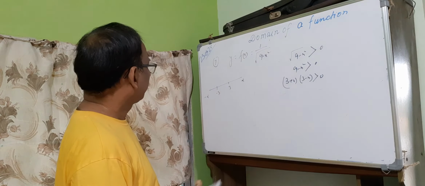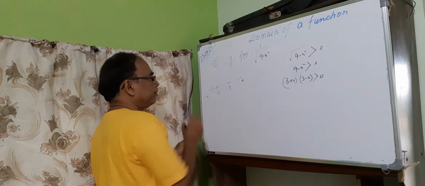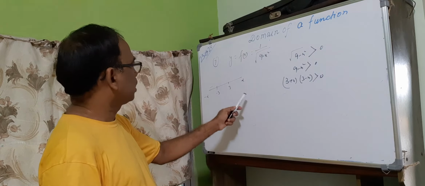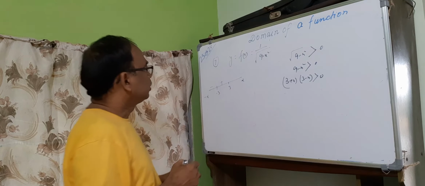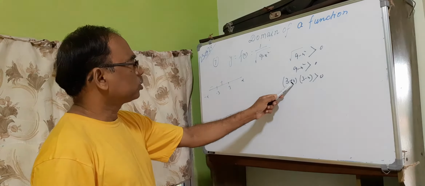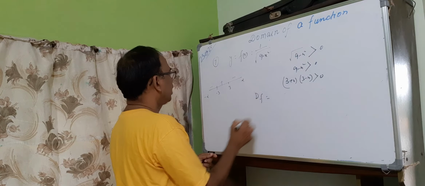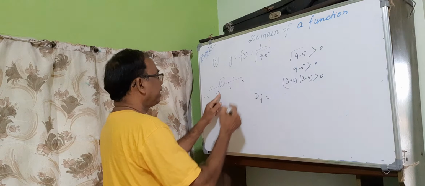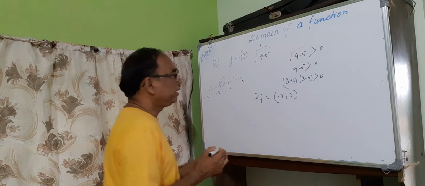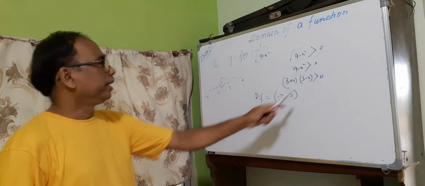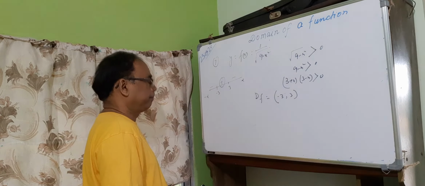Let us check. Minus 4: negative, positive, this is coming negative. Minus 3 to 3, suppose there is 2: positive, positive, this is coming positive. 3 to infinity, suppose 4: positive, negative, this is negative. Therefore, in this case the domain of the function should be minus 3 to 3, taken as greater than, so both minus 3 and 3 are in first brackets because it is only greater than 0. The other intervals should not be included.